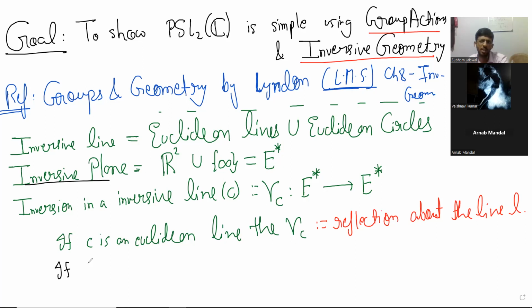I remember in JEE, the books also have something, inversion about a circle. Even if you have not seen the Olympiad side, it's not important. Vaishnavi, anything here? No.